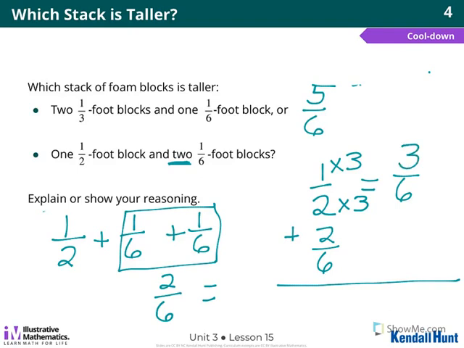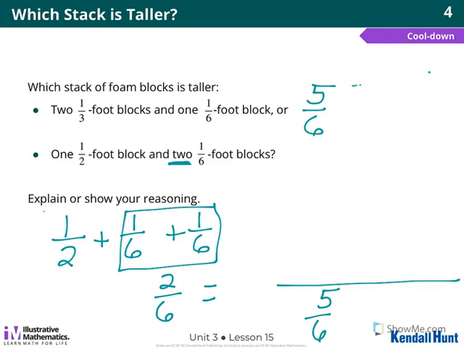So 1/2 is equivalent to 3/6. Now I just add 3/6 plus 2/6, and I get 5/6. I'm going to erase my work, but you should not have erased your work, right? So I know this second stack also equals 5/6.